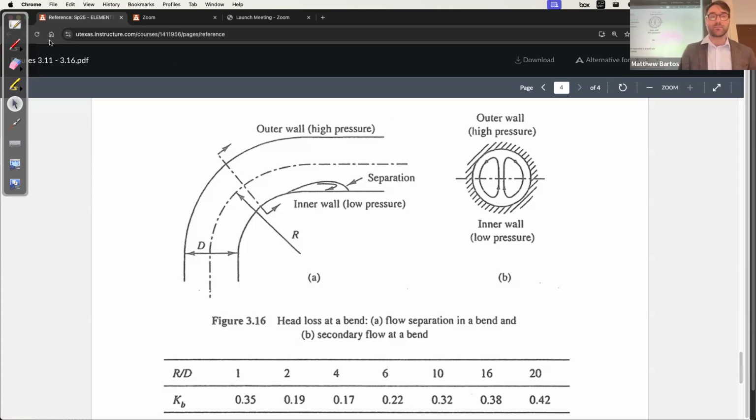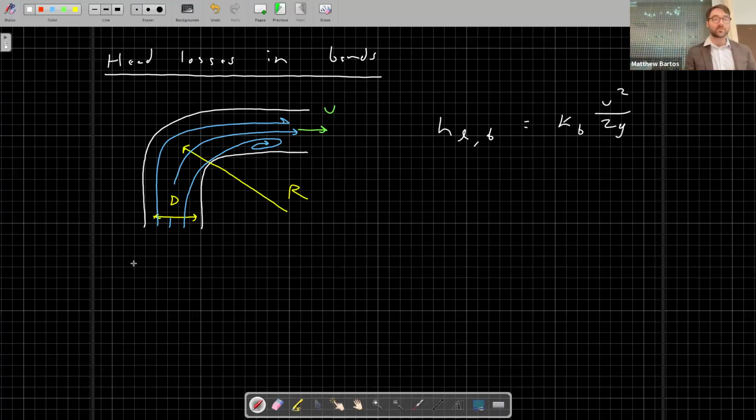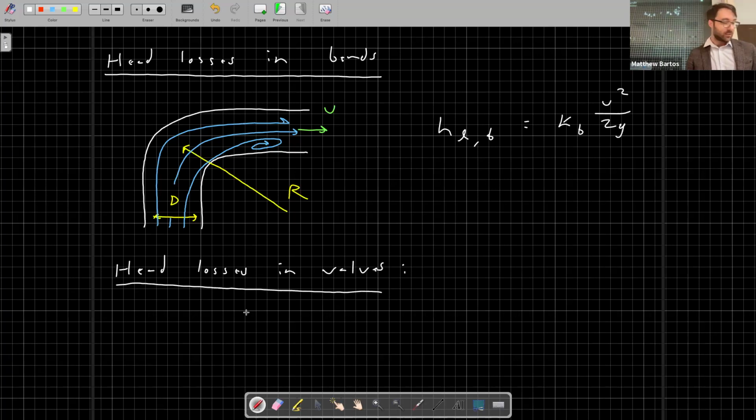And the final type of loss I want to talk about is head losses in valves. Again, this is generally empirically determined, and it'll take the form h_L,v is equal to K_v, our valve loss coefficient, times U squared over 2g, where K_v just depends on the type of valve.